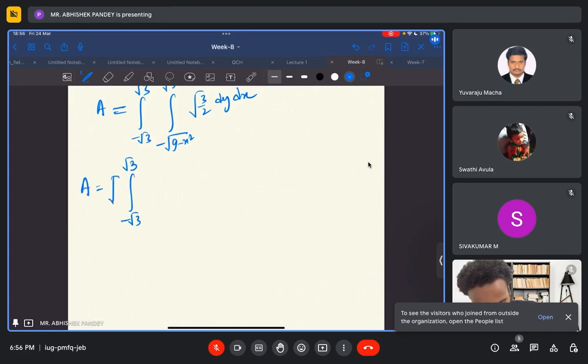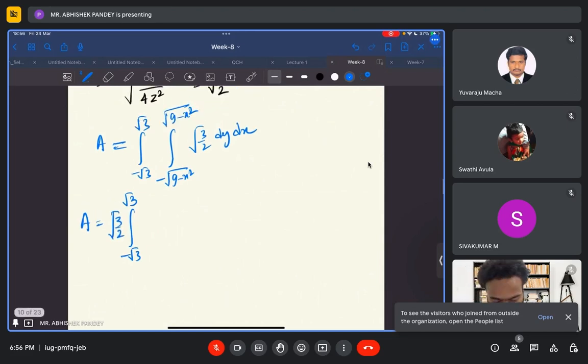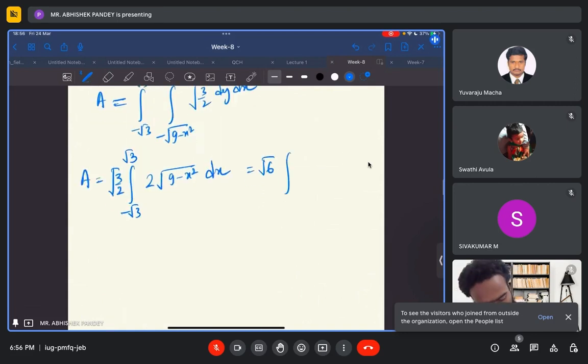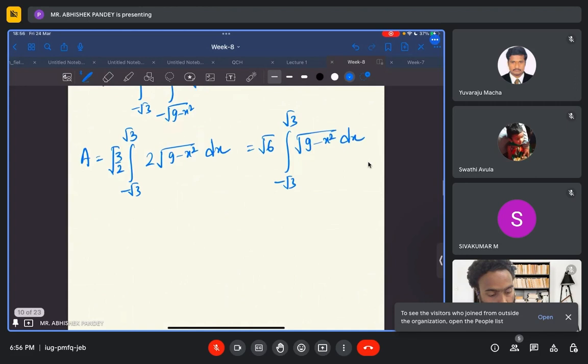So this will be out, and this will be 2 into root of 9 minus x square dx. Okay, so this is root 6, isn't it? Just let me know if some mistake is there. Root of 9 minus x square dx.